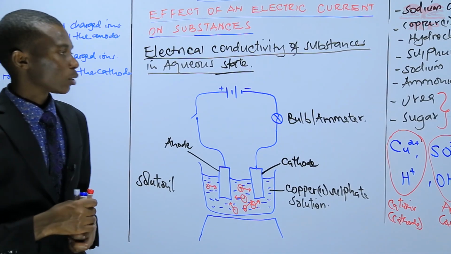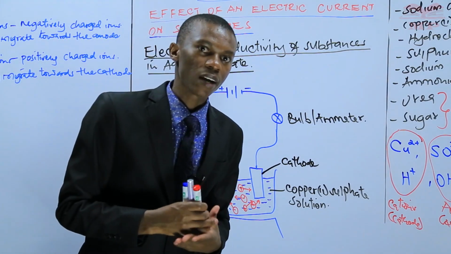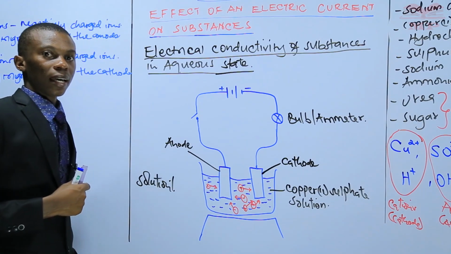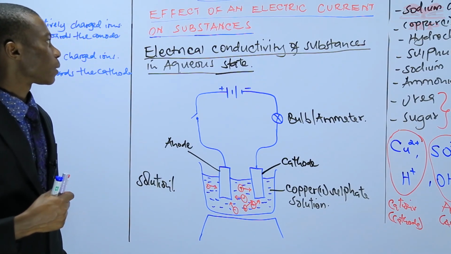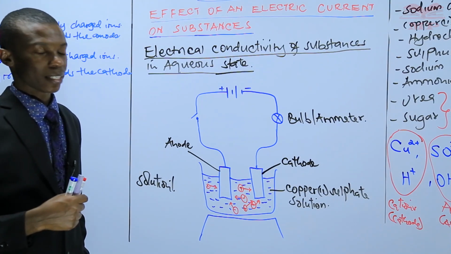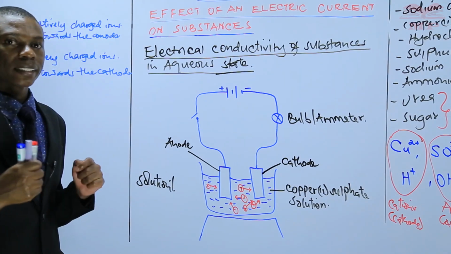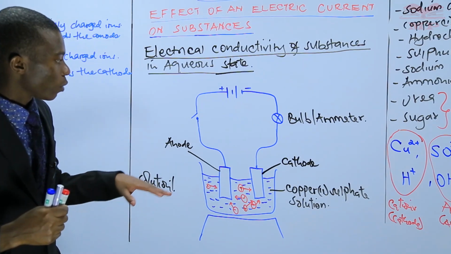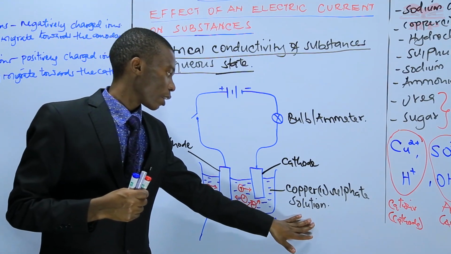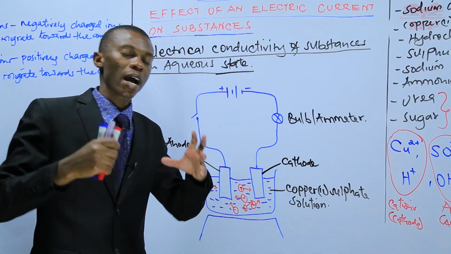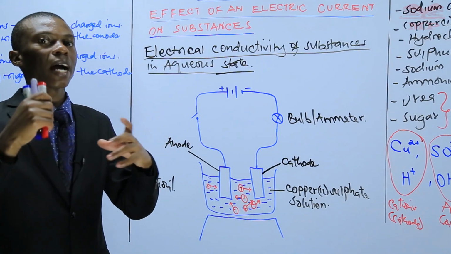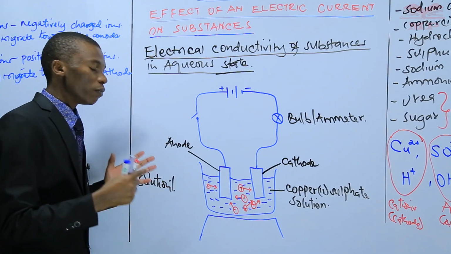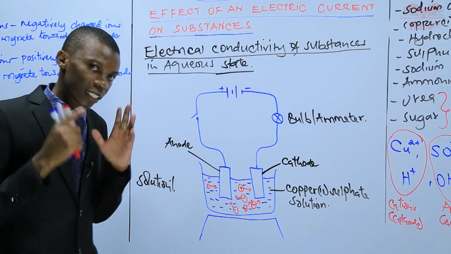Therefore, you need to understand that. To go back to a little of what I have said in this lesson, we are discussing electrical conductivity of substances in aqueous state. Aqueous means solution form. If that solution has ions, the positively charged ions are called cations.